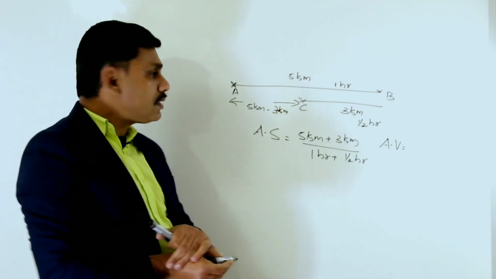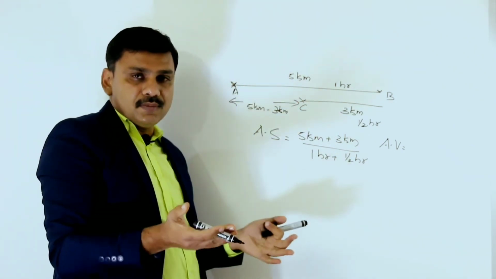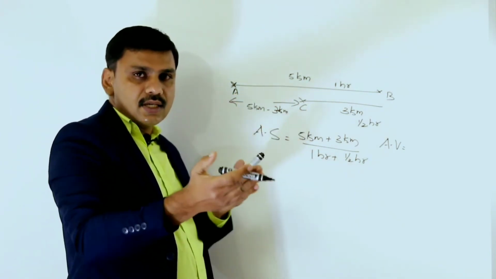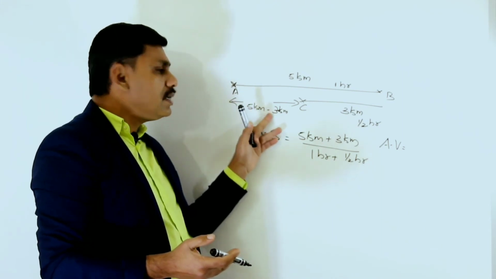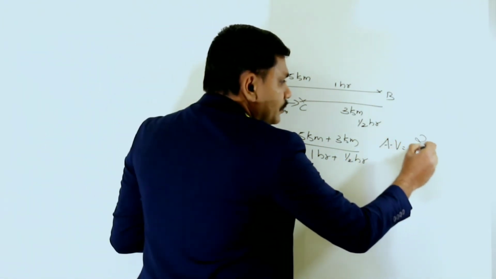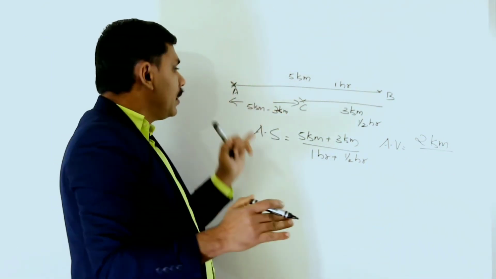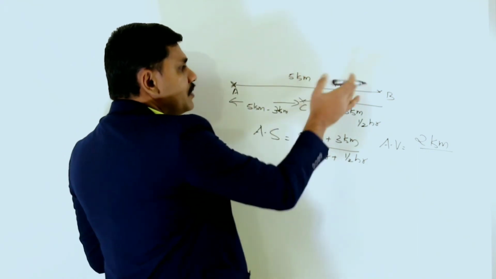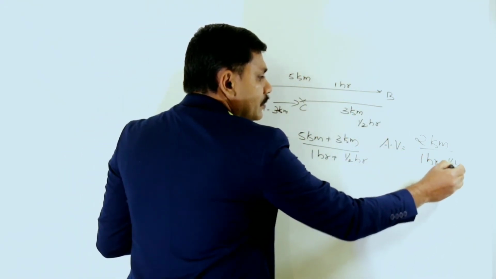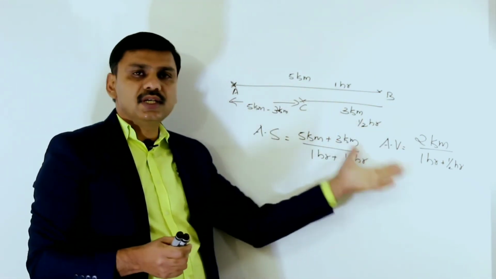Initially it was at A, finally at C. So the change in position is 5 kilometer minus 3 kilometer, that is 2 kilometer. Then what is the total time to reach C? Total time will be the same, that is 1 hour plus half an hour. So these are the average speed and average velocity in this motion.